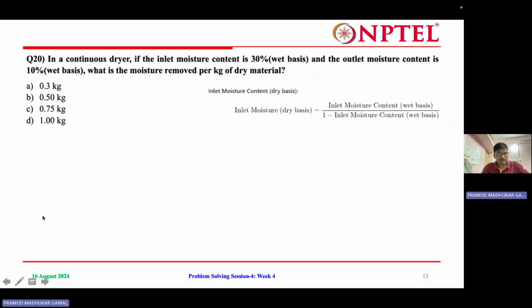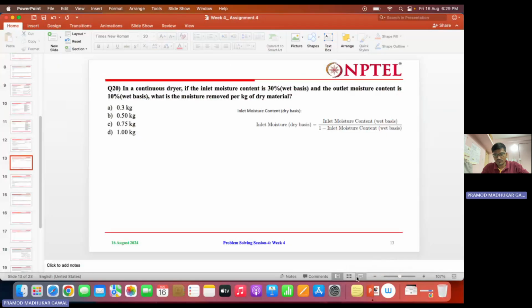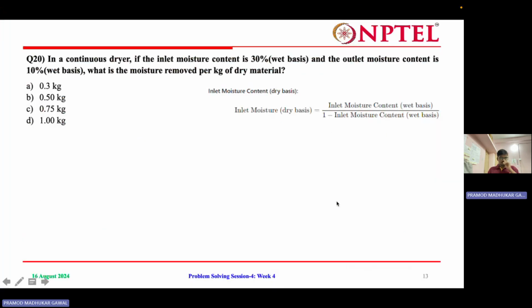Right, question 20. In a continuous dryer, if the inlet moisture content is 30% weight basis and the outlet moisture content is 10% weight basis, what is the moisture removed per kg of dry material?